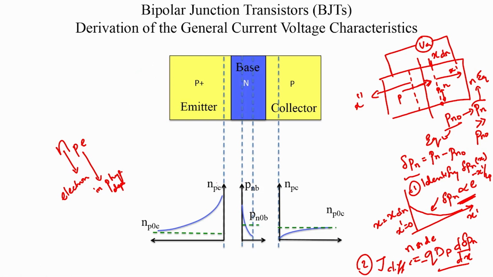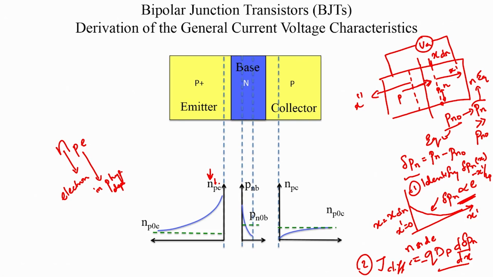So, what we are plotting here is the minority carrier concentration, which is the electrons. See, the emitter is p type, so the minority carriers are electrons. So, electrons in the p type emitter, and these are the electrons that have been injected from the base into the emitter because of the forward bias action of the diode, and they have got a variation that looks like this, okay.